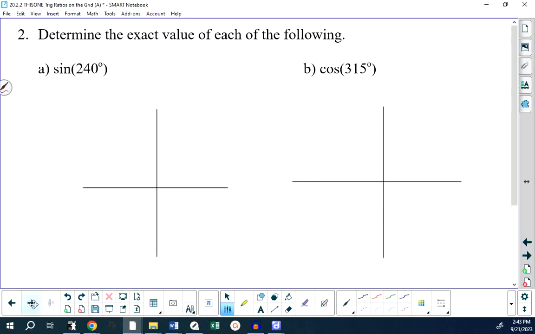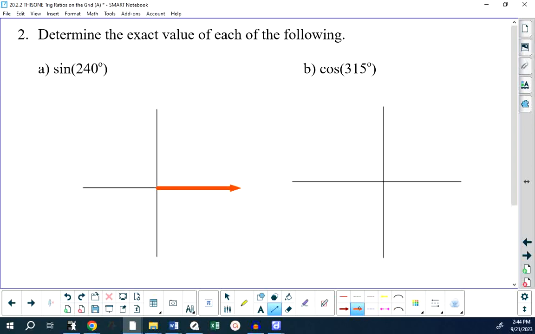Determine the exact value of the sine of 240 degrees. Okay. I can tell you that the exact value of the sine of 240 degrees is negative root 3 over 2. And there's a reason for that. Because if I sketch 240 degrees, and you'll notice that didn't just come out of my mouth, I was thinking of it.